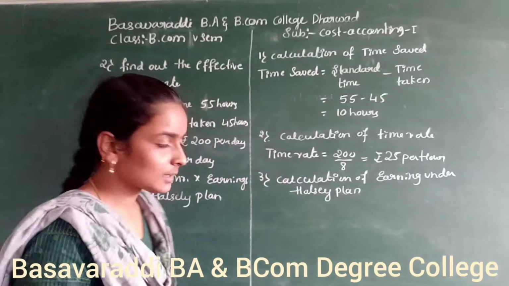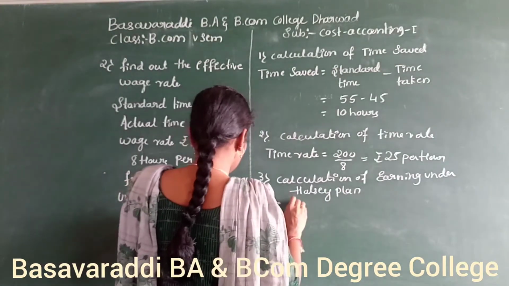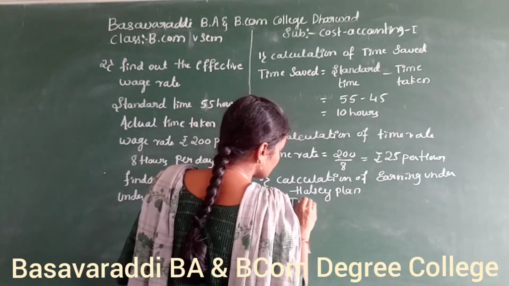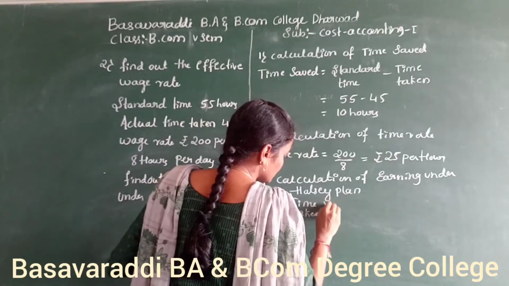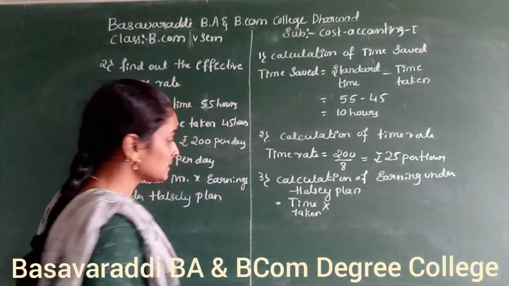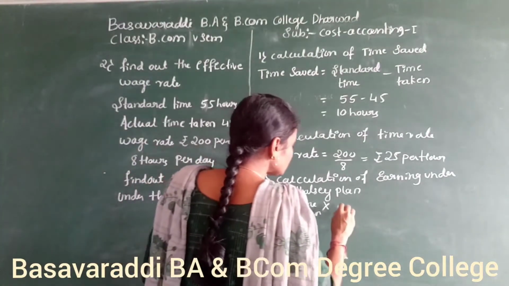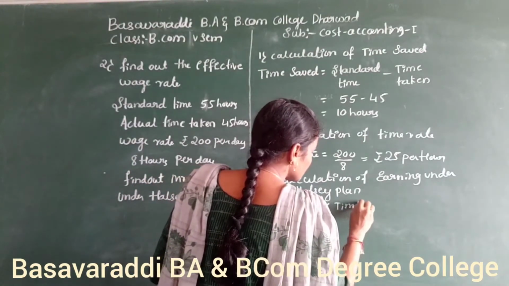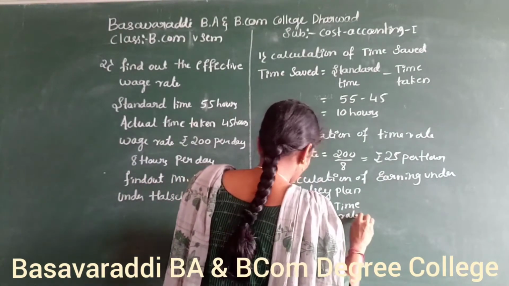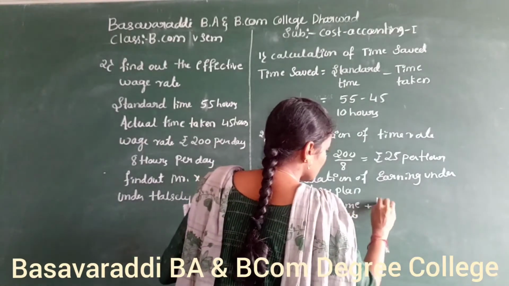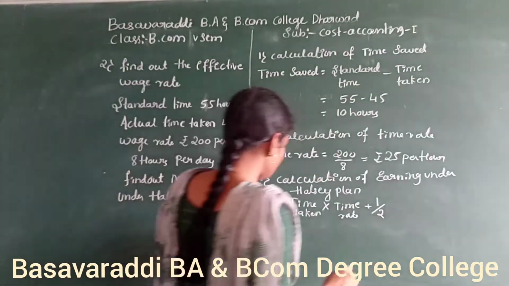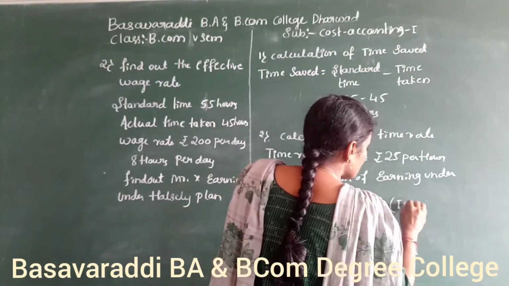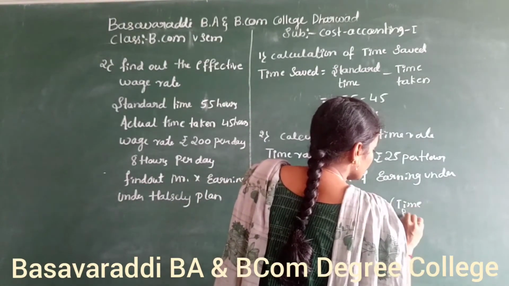Halsey plan earnings is equal to time taken into time rate plus 1 divided by 2 into time saved into time taken.